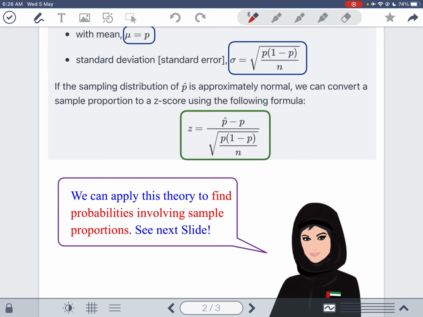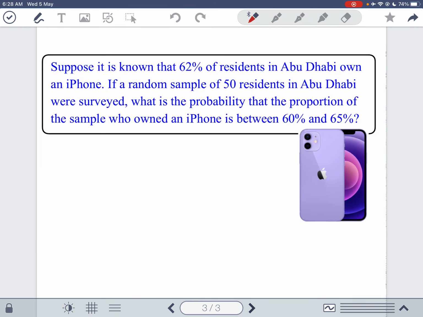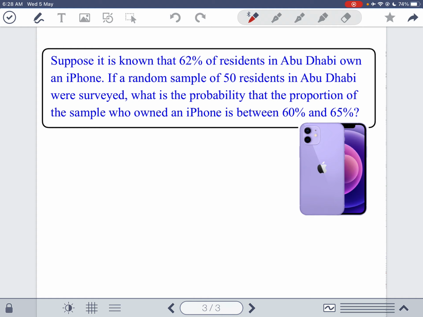So let's see an example and understand things better. Suppose it is known that 62% of residents in Abu Dhabi own an iPhone. So in this case, the true population proportion is 62%. This is something that we know.